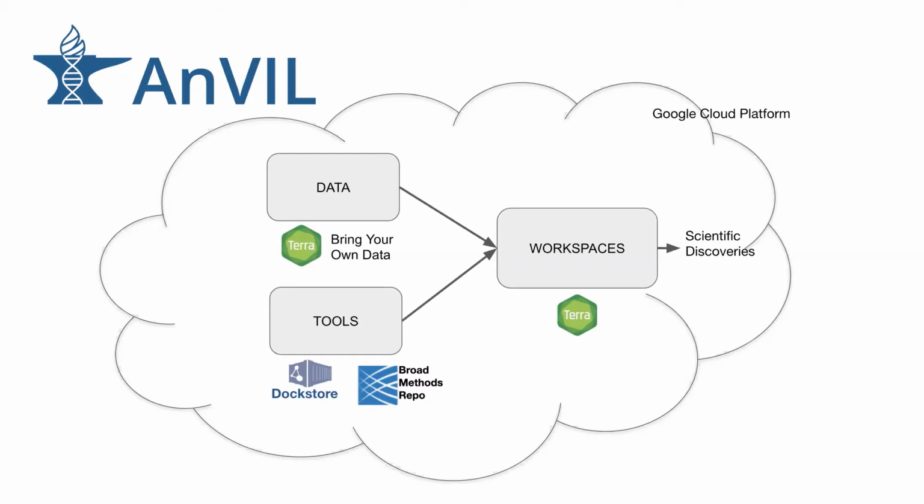And those can be easily handed off and work with Terra workspaces, which is the environment where you can actually conduct your research, and that can help make scientific discoveries faster and also increase the scope of the science that you're doing. And this is all currently in the Google Cloud platform.